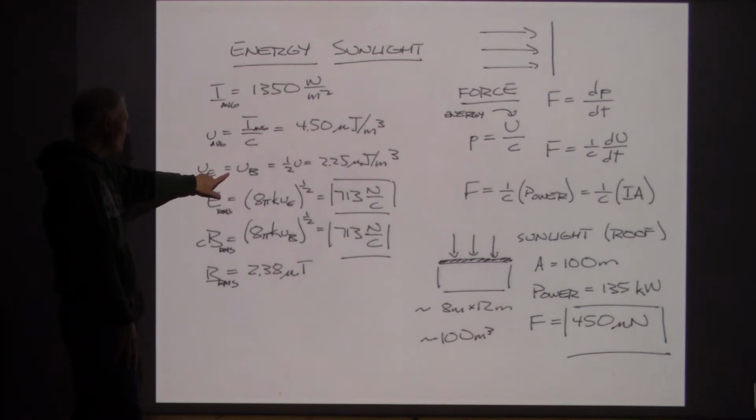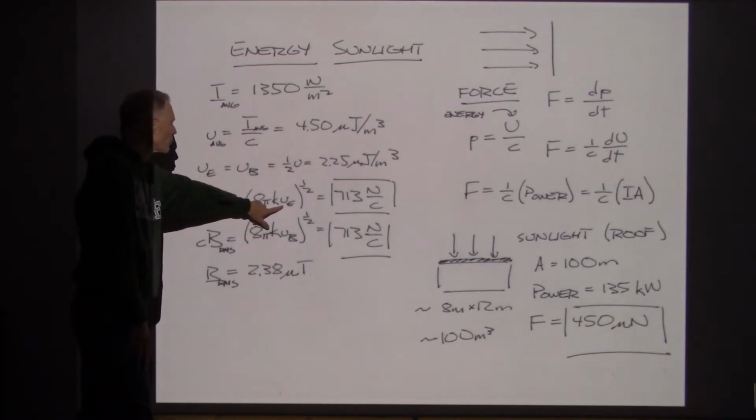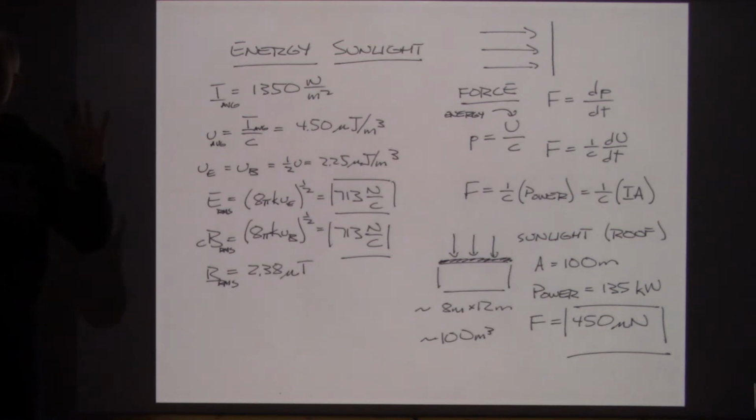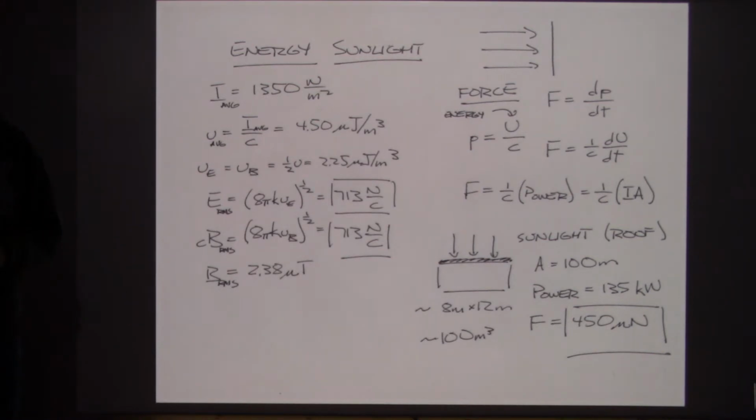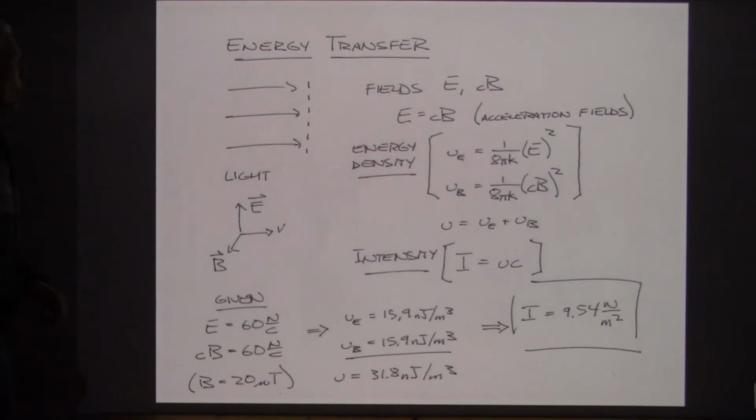And then once I have the energy densities, I can plug into this formula. This is the formula relating energy density with electric field. Now some of these formulas are turned around from what we presented earlier. That shouldn't be a problem, right? So we can come back to here.